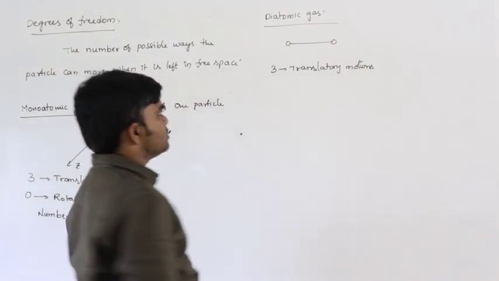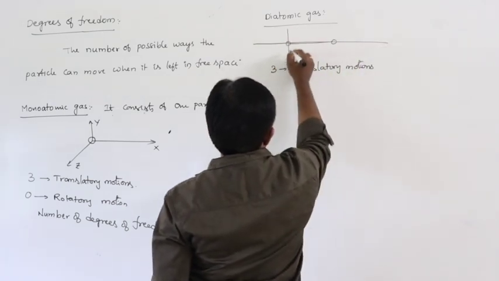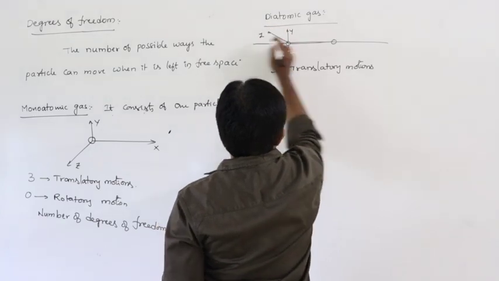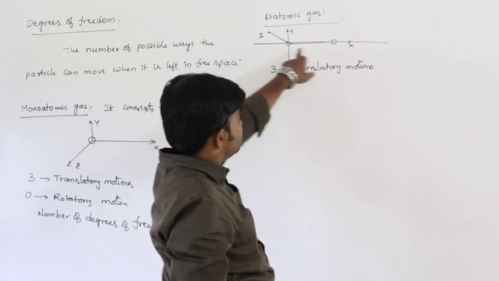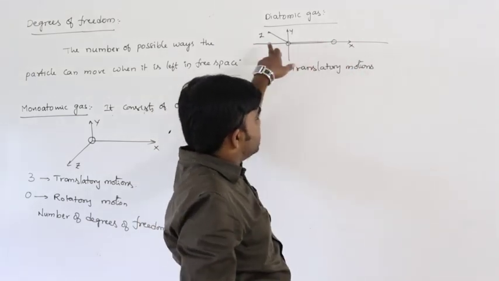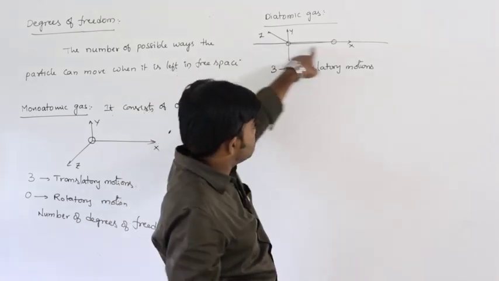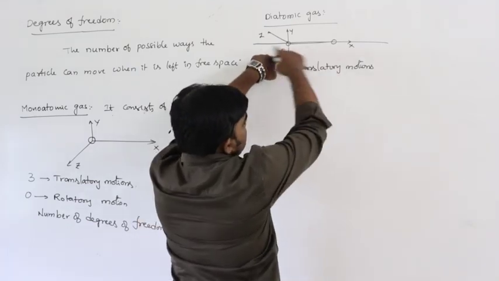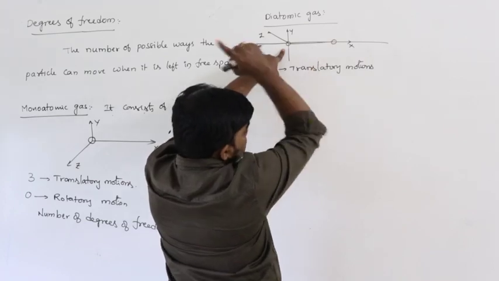And rotatory motions. Let us say this is the x-axis, this is the y-axis and this is the z-axis. Here the x-axis passes through the molecules, so the rotation about the x-axis is not considerable. The y-axis passes through this one, so this molecule may rotate about the y-axis, and that rotation is considerable.